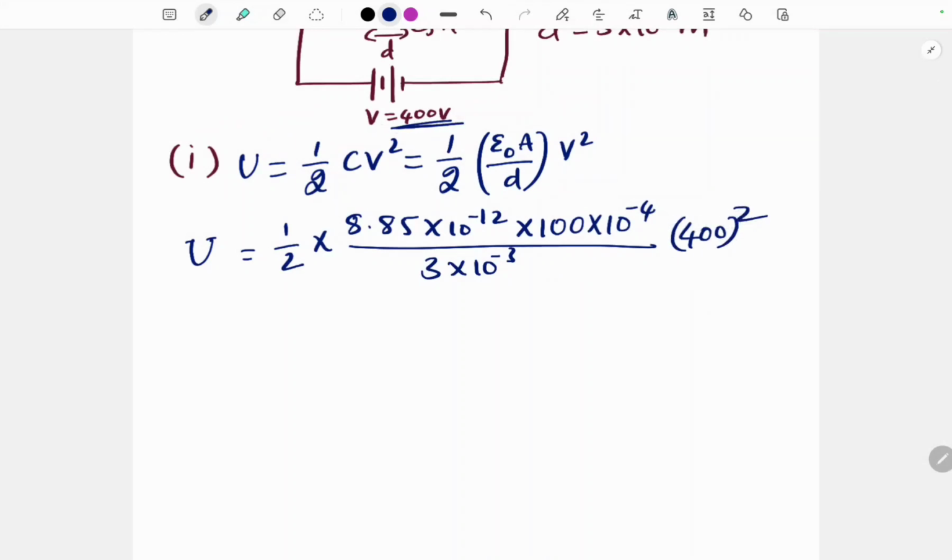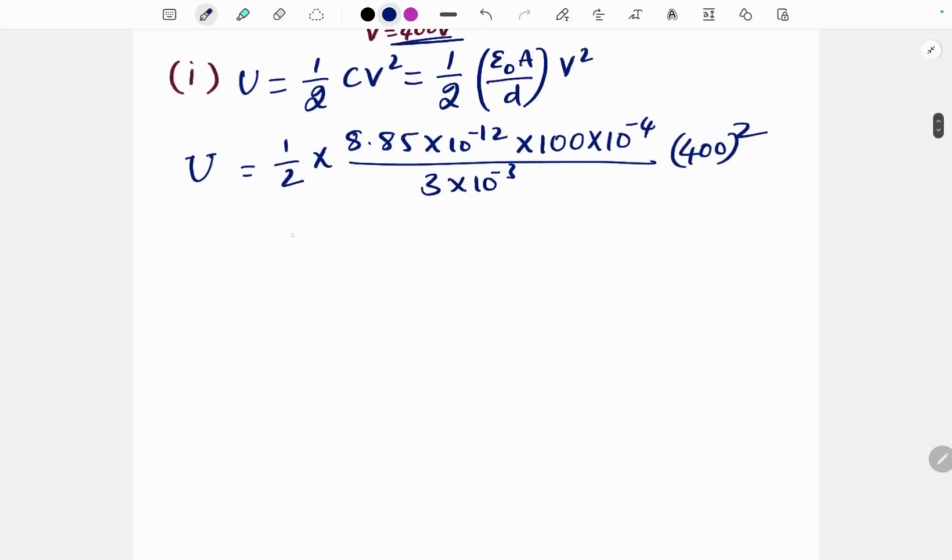Voltage is given as 400. Now if we solve this, we will get 23.608 into 10 to the power minus 7. This is energy, so it will be in joules.